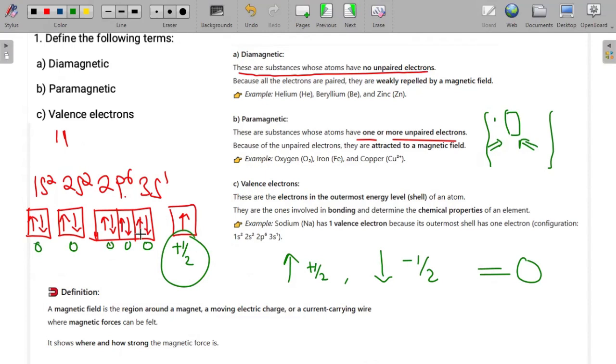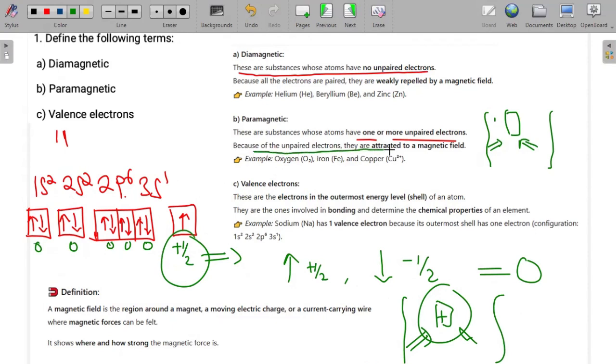It means these are substances that contain atoms that have one or more unpaired electrons. We can see that this electron here is unpaired, so it's going to be exerting a force. Because it's positive, it exerts a positive force, so in a magnetic field this substance will be strongly attracted.